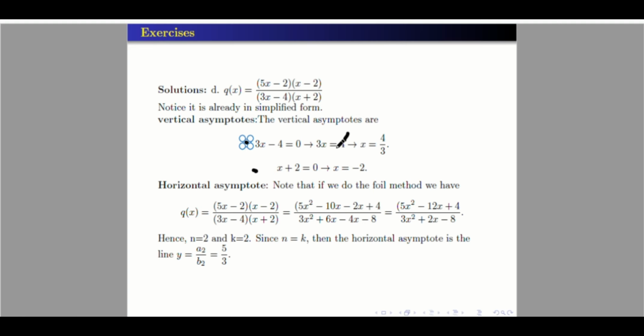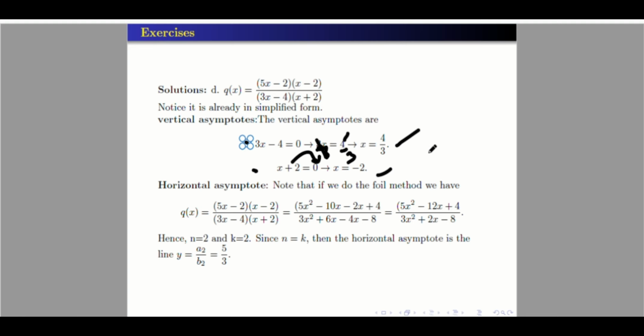And then dividing both sides by 3, we can cancel 3. So we have x is equal to 4 over 3. And the second one, transpose positive 2 on the other side, it will become negative 2. So the second vertical asymptote is x equals negative 2.